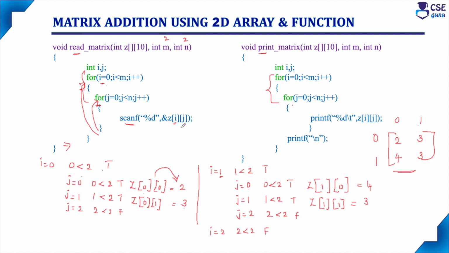Instead of accepting and storing the result in a memory location, here the printf statement will retrieve the value from this memory location and print it on the output screen. Okay. So, this slash n is used because after printing one row, it has to go to the next row. So, this is all about read matrix and print matrix.